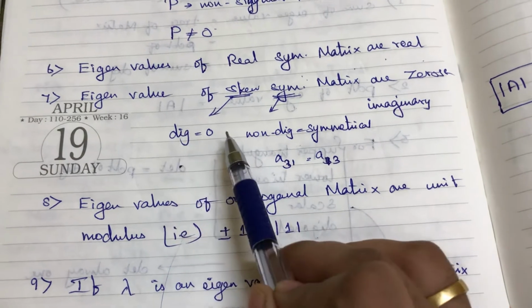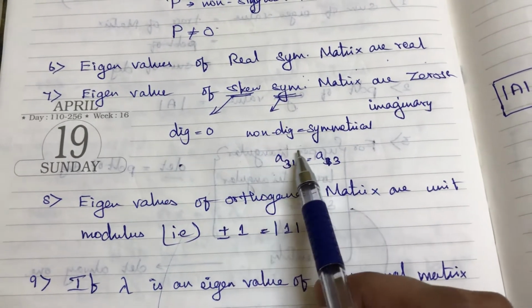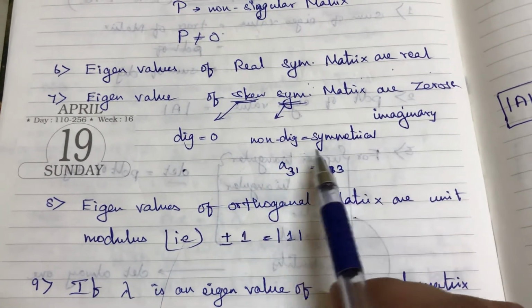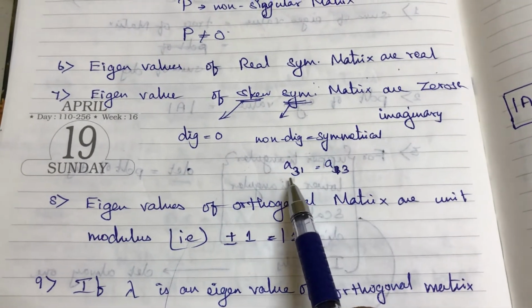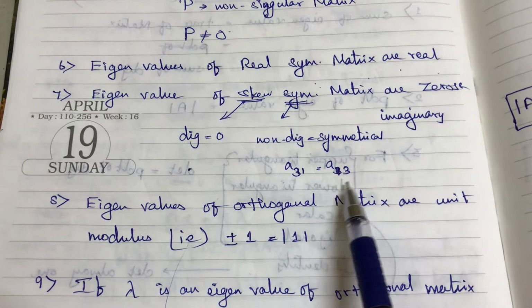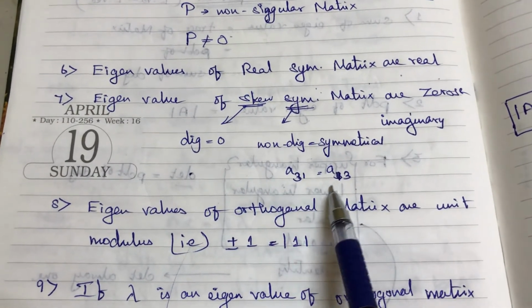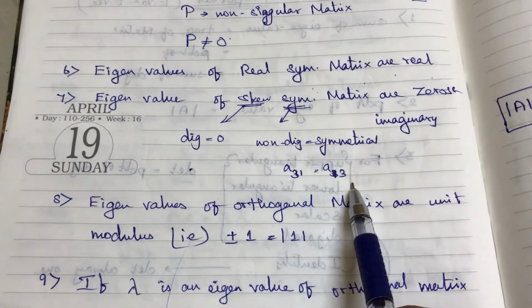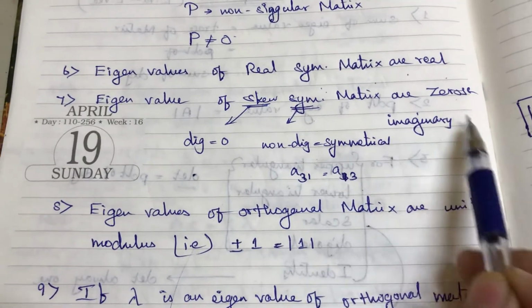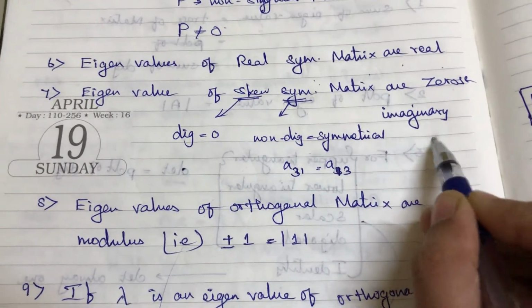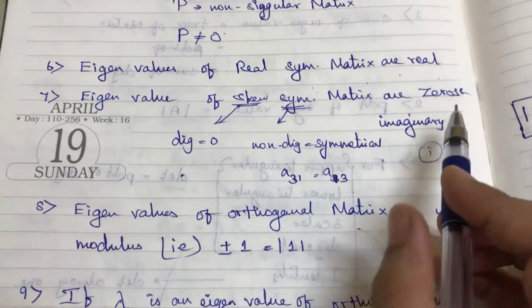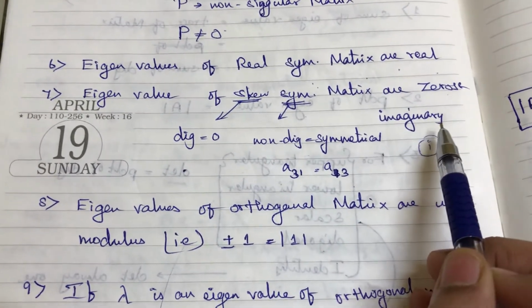Skew means the diagonal will be 0, and symmetric means the non-diagonal elements will be symmetrical, like Aij equals Aji, like A31 equals A13. So the eigenvalues are zero and imaginary.